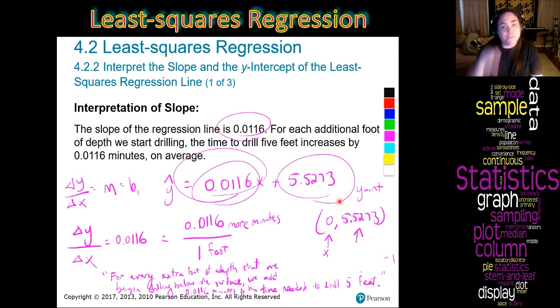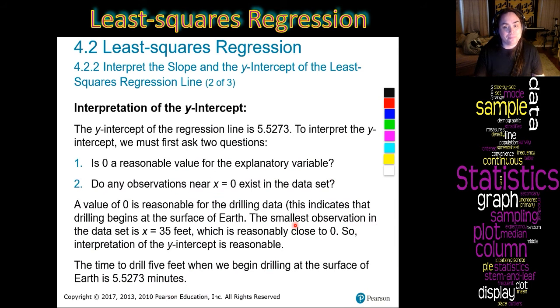But every extra foot that we begin drilling, maybe we've already got a hole that's dug partway underground, you add that many feet times 0.0116. And that's how many more minutes you'll add to your 5.5 minutes that you started with. I'll leave this here so that you can read it for a second if you want to pause the video.